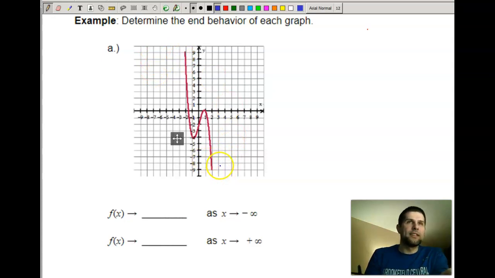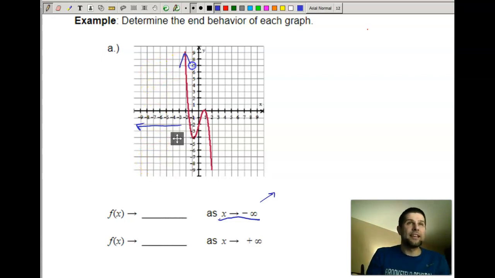The formal way to say that, this is the graph right here: f of x is approaching what as x approaches negative infinity? The translation here is, as you go to the left, as x is getting bigger in the negative direction, as x is approaching negative infinity, what is happening to the graph?